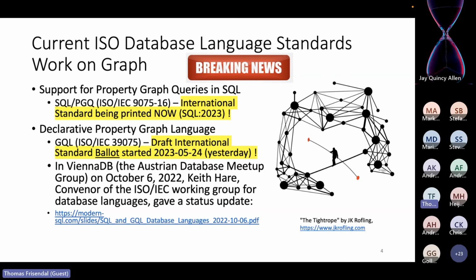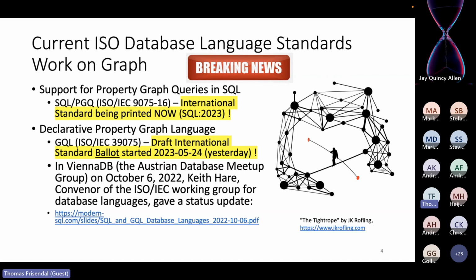Think of it as a SQL for graphs. It shares a lot of the syntax for graph queries with SQL/PGQ, but it is completely standalone. The schema facilities in version 1 are very limited, but it's there. It is now in the status called Draft International Standard.